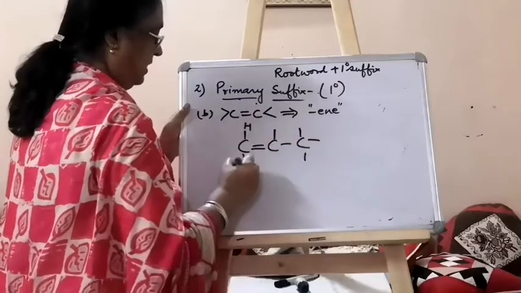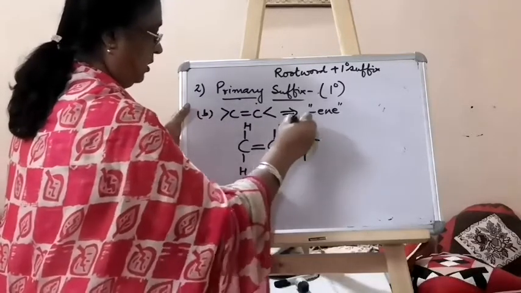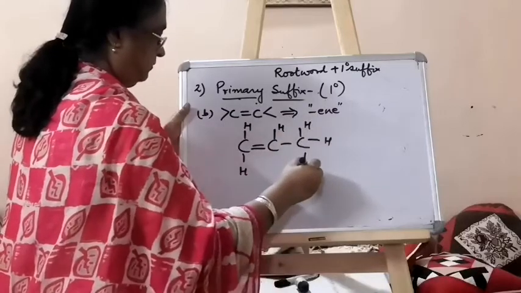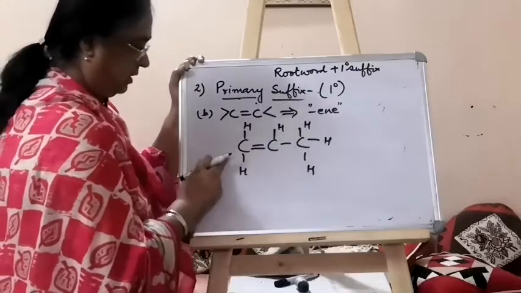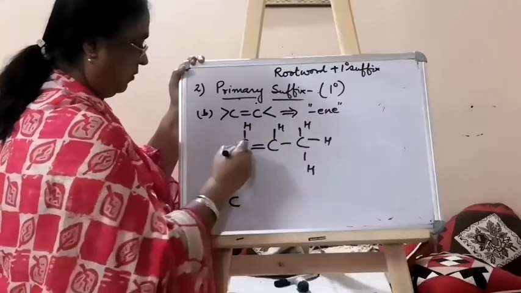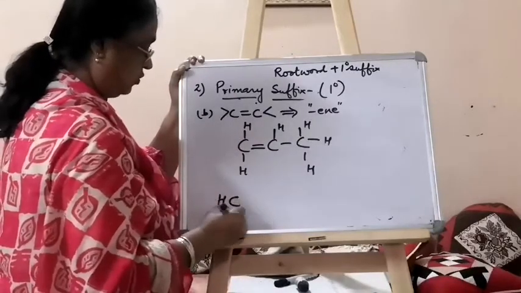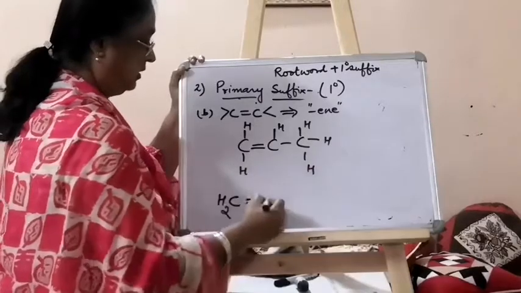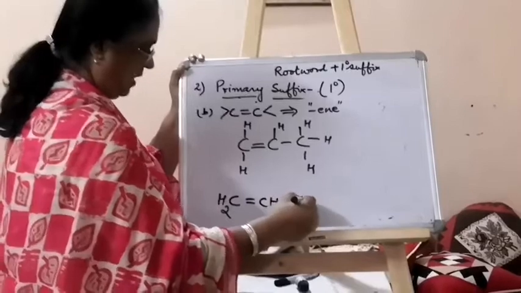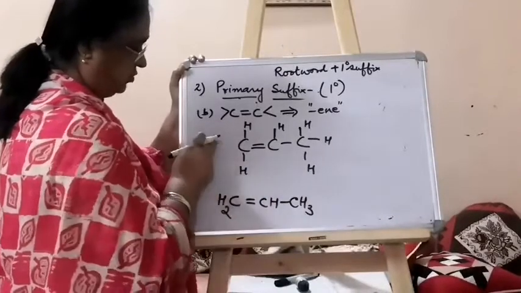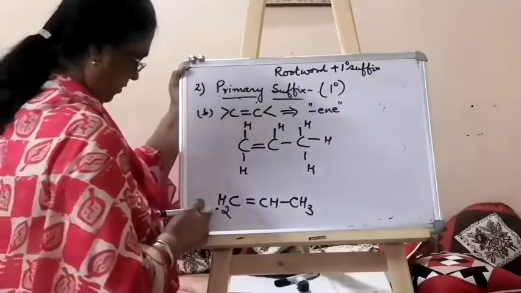So the remaining valencies will be satisfied with hydrogen. At the same time, I can show you this can be written in condensed form. With this carbon we have CH2, double bond. With this carbon we have 1 hydrogen, and with this we have 3. So this is the structural, and this is the condensed formula.